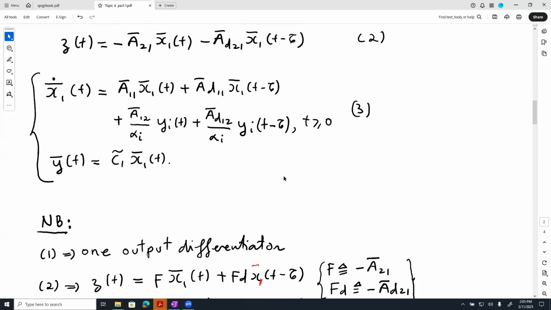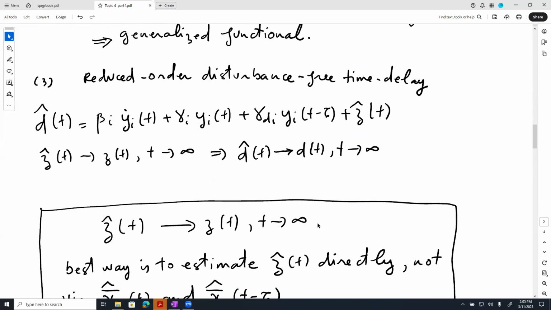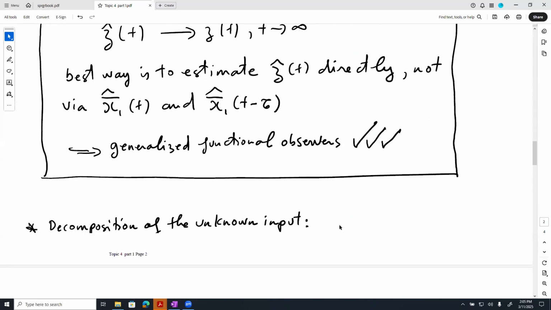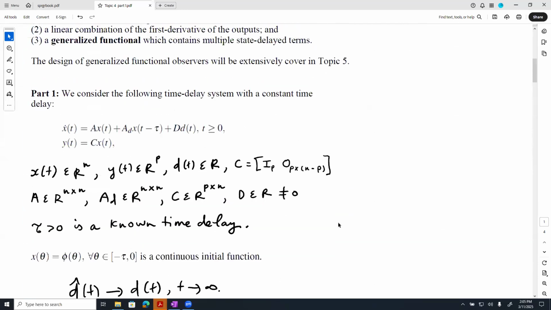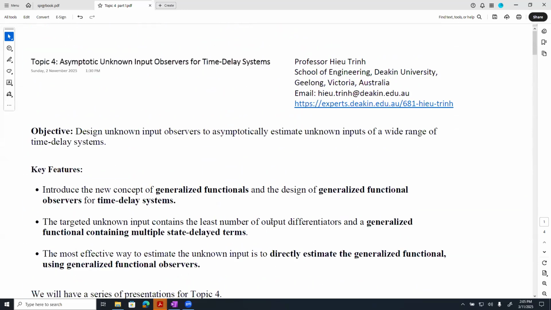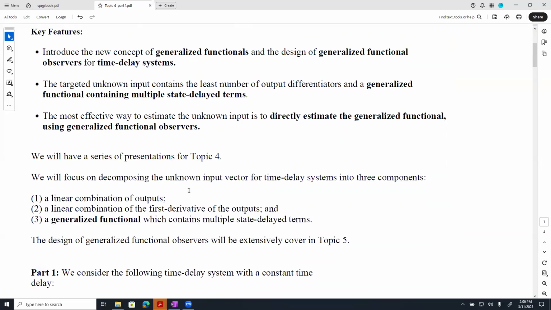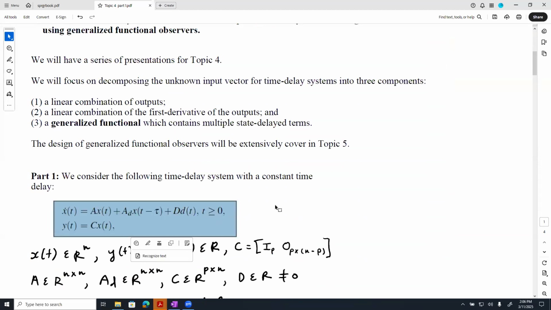Okay, so that is basically the introduction to this topic 4, where our focus is on asymptotic unknown input observers for time delay systems. And time delay systems here can be a wide range of time delay systems. We just show the first one, the decomposition for the first simple time delay system, which is this one here.